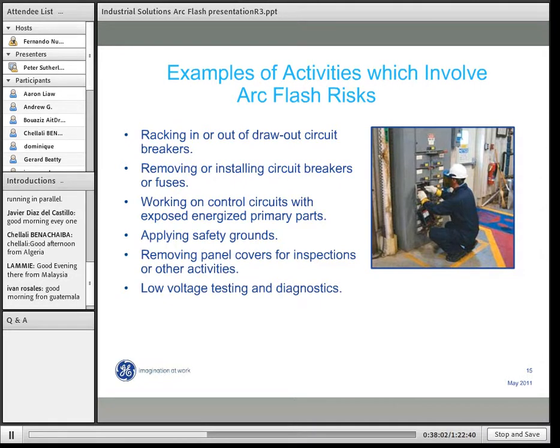And in many cases, there's no way of finding that out without removing a panel or opening a door. And this involves an arc flash hazard. So the appropriate protective equipment has to be worn, or else the equipment has to be de-energized and grounded before doing that activity.